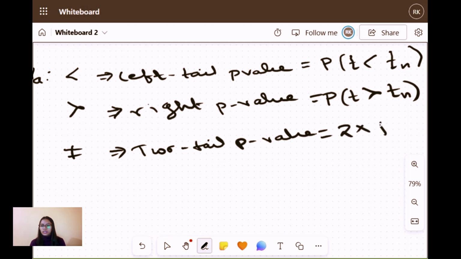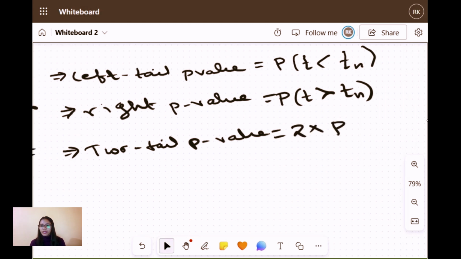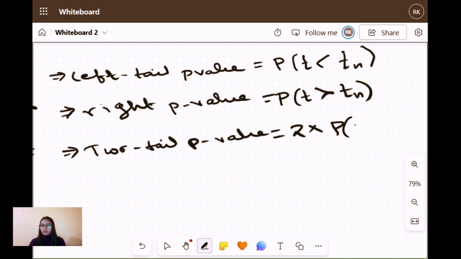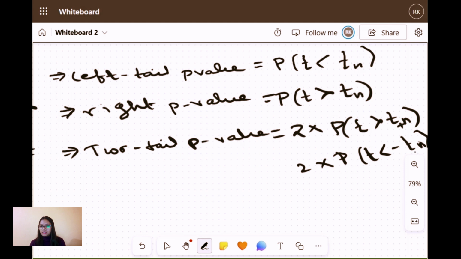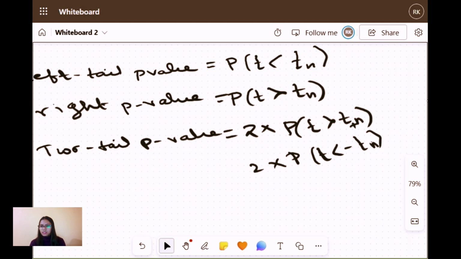And for two tail, we just have to consider the sign of the numerical value of the test statistic, whether it is probability t greater than positive tn, and probability t less than minus tn.